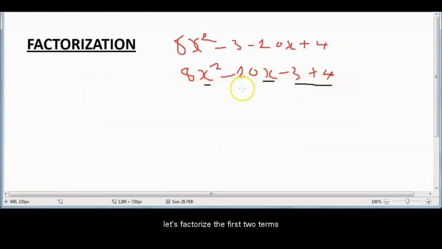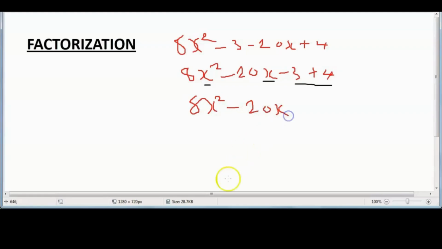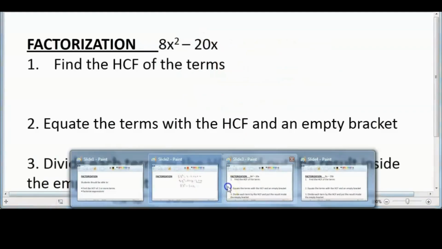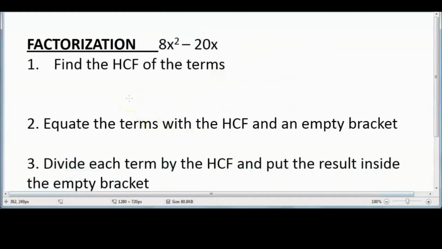Let's factorize the first two terms, 8x squared minus 20x. In factorization, you are required to find the HCF of the two terms.